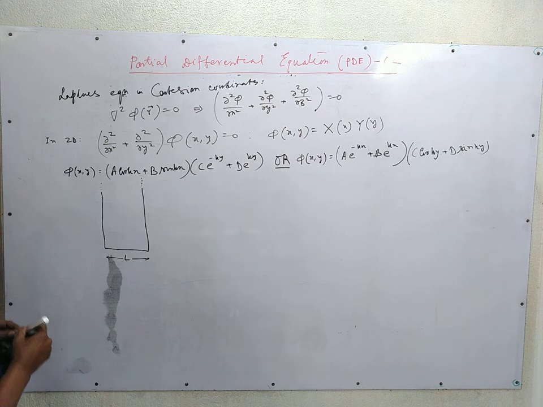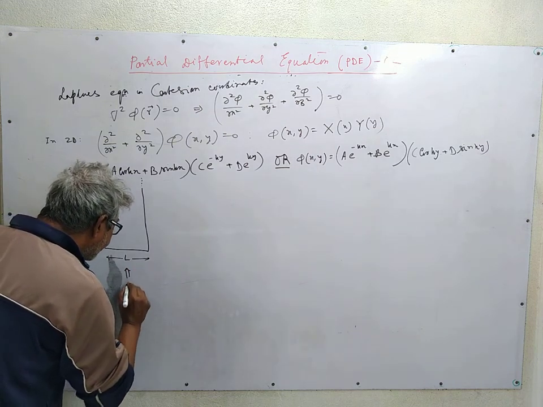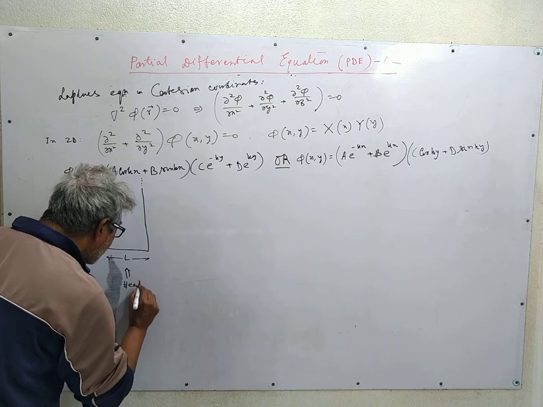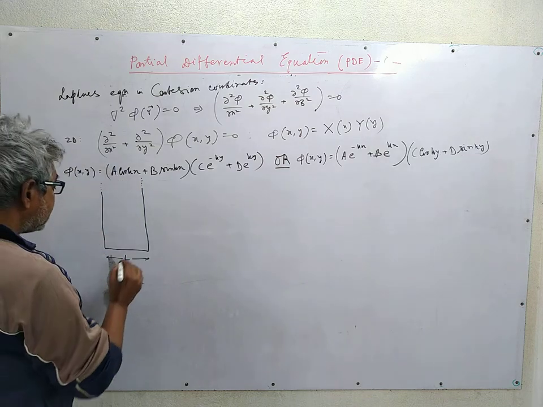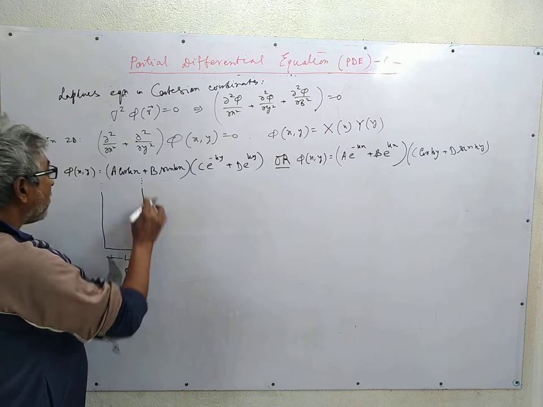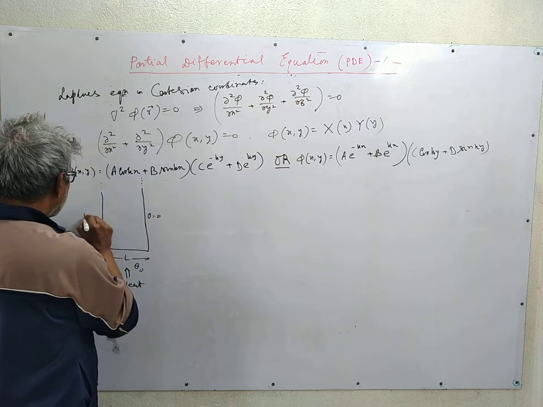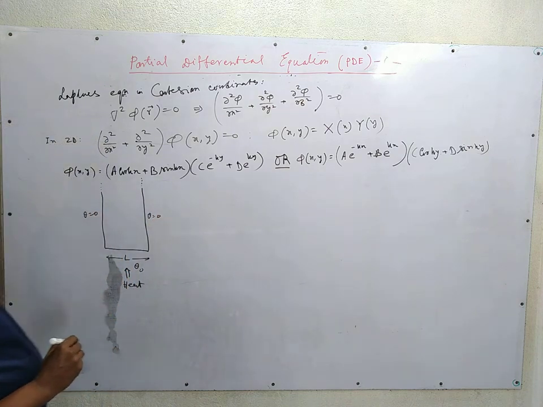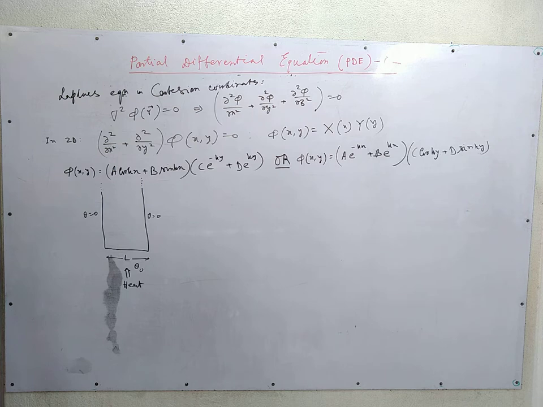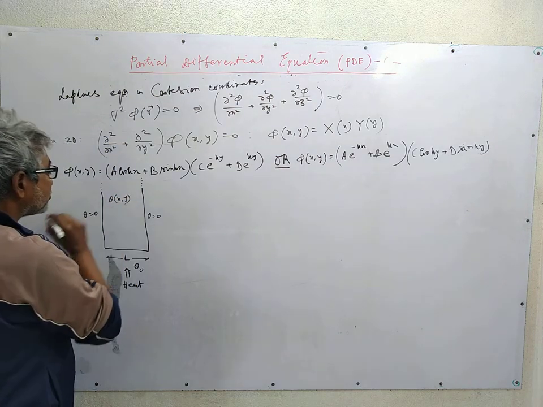Heat is supplied from this end, so that this end has a fixed temperature theta 0, and all other sides have temperature theta equal to 0. The problem is to find the steady state temperature at a point x, y.